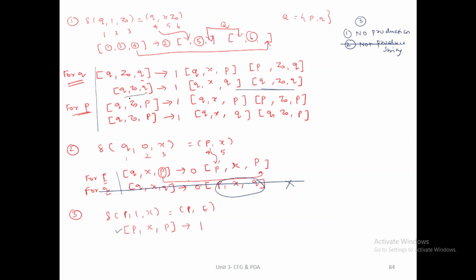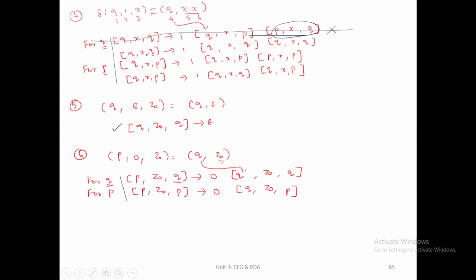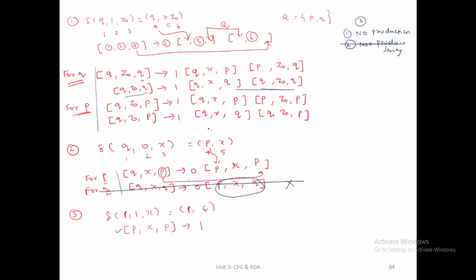So we want to check whether any other QZ0Q production is available. So this is the QXP production. This is the QXQ production. I want to search for the QZ0Q production. So the QZ0Q production contains epsilon. So there is no problem for continuing this one.